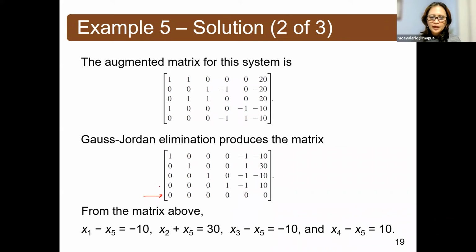If you look at row 4, we see that x sub 4 minus x sub 5 is equivalent to 10. So it seems that x sub 5 can be treated as a free variable, so that we can express x sub 4 in terms of x sub 5, that is, 10 plus x sub 5.